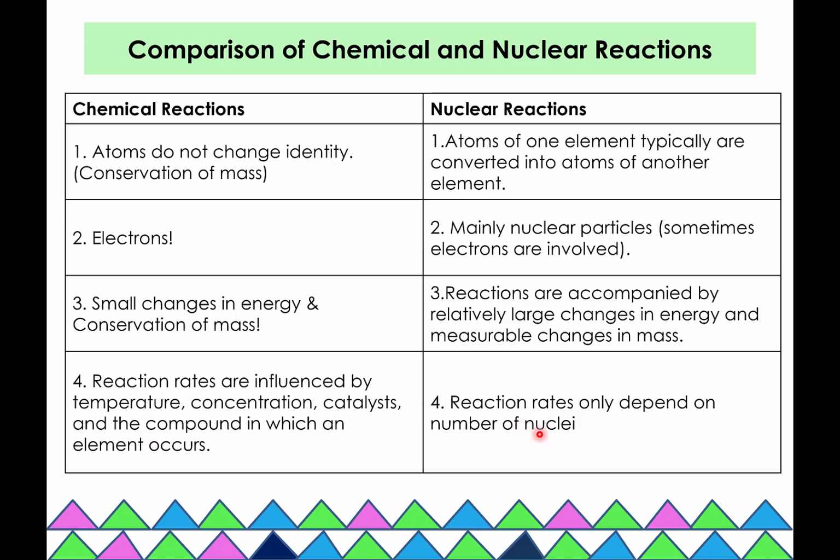Whereas for nuclear reactions, the reaction rate really only depends on the number of nuclei. There are some exceptions, but nuclear reactions follow first order kinetics. So the rate just depends on the concentration of nuclei present.